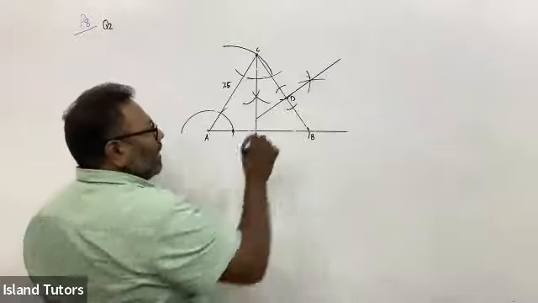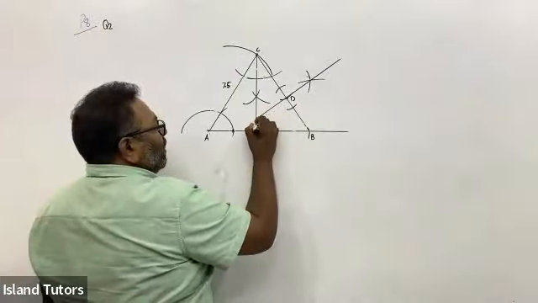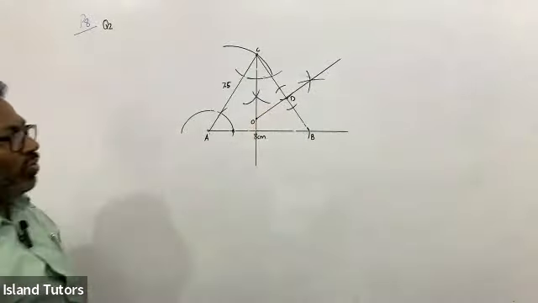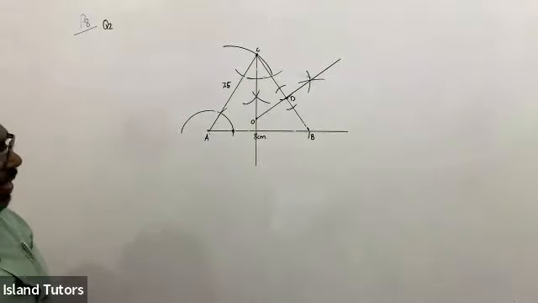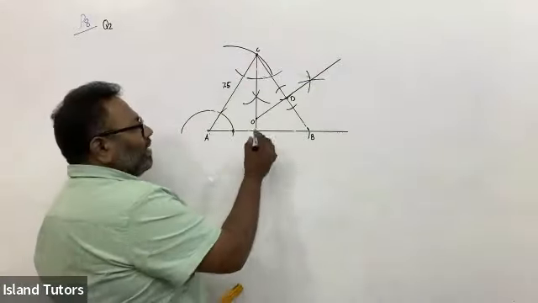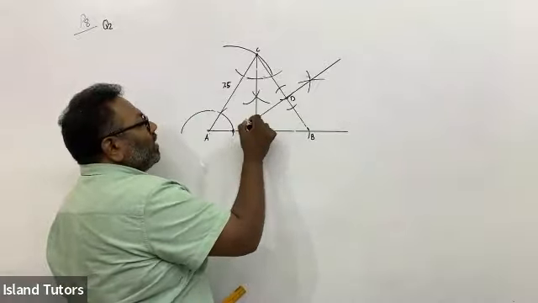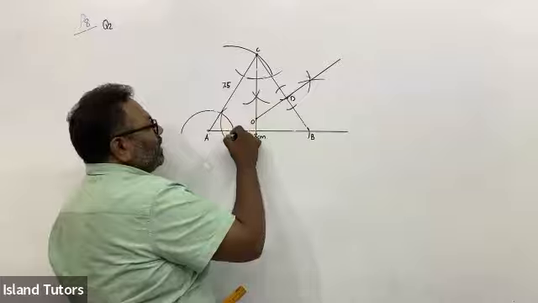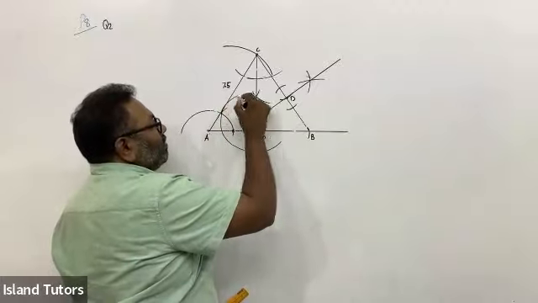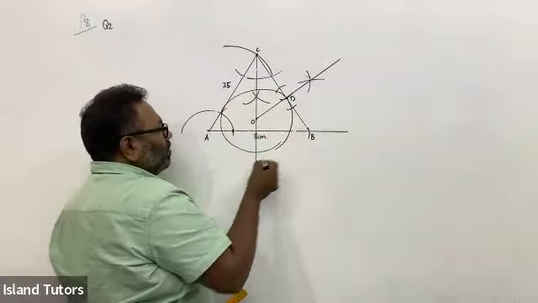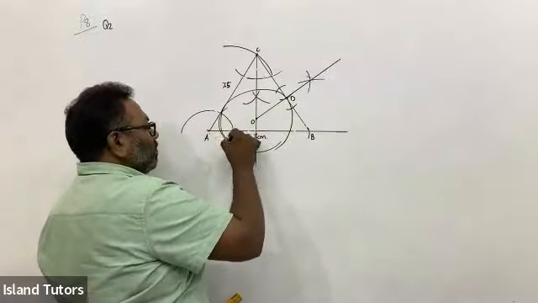Okay, so where it intersects the point here, you'll name it as O. Alright. Once you do that, you have this intersection, which is your center O. You draw a circle such that it comes like this. It will go like this.